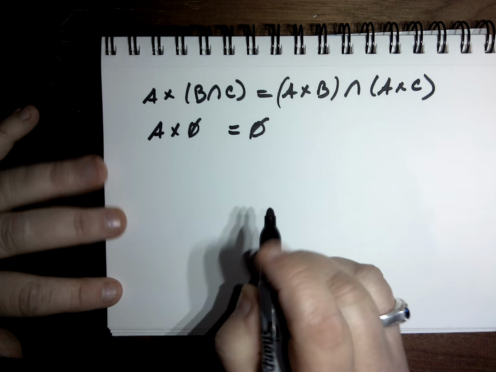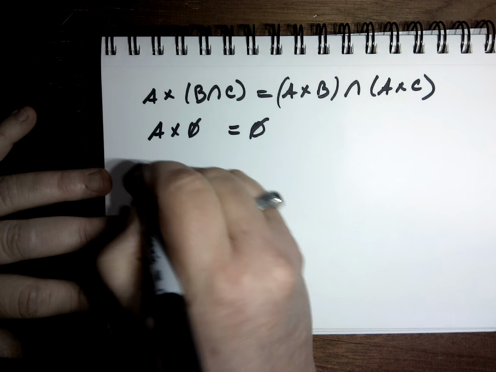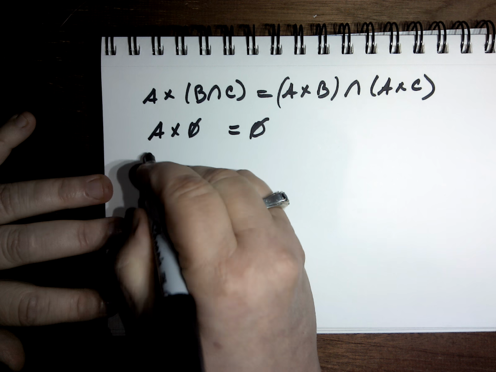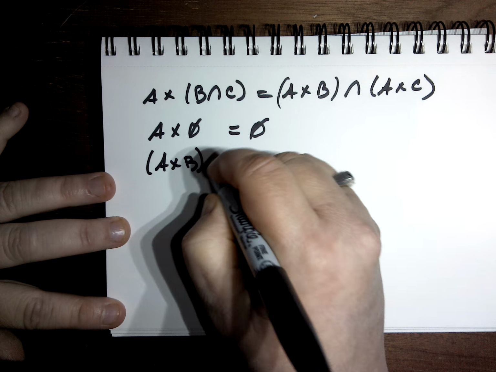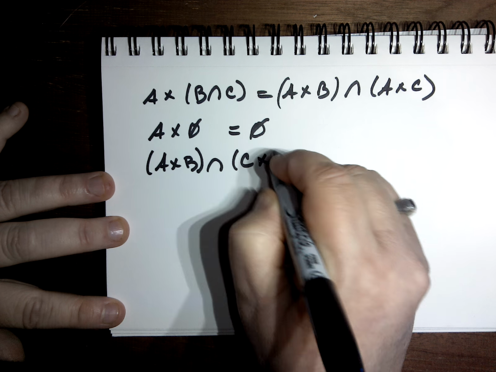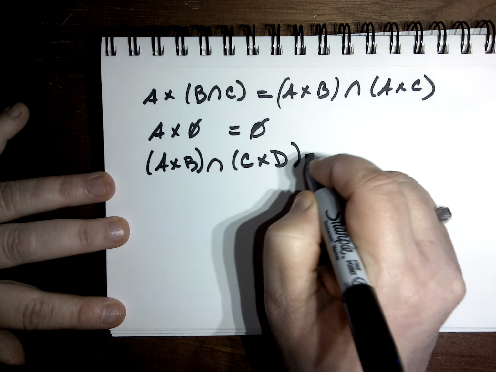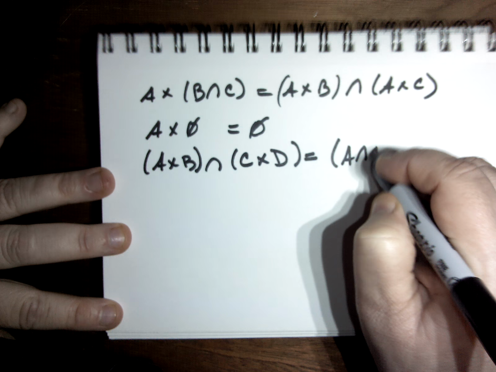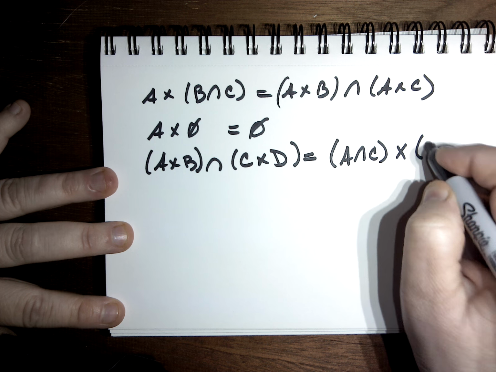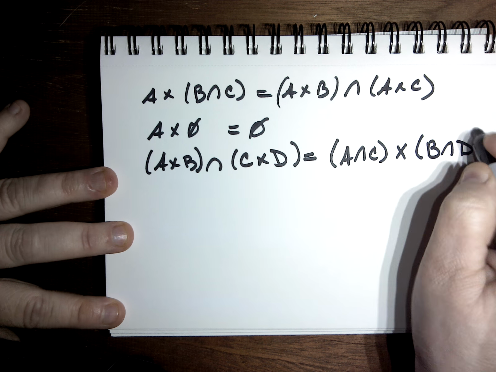We can say, oh, this one's a gross one to prove, so I'll let you do it in class. (A cross B) intersection (C cross D) is equal to (A intersection C) cross (B intersection D).